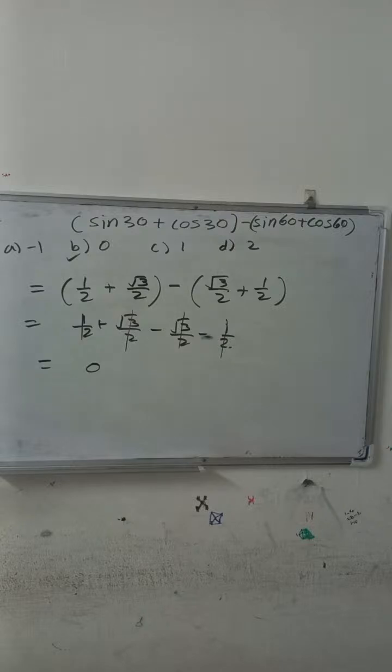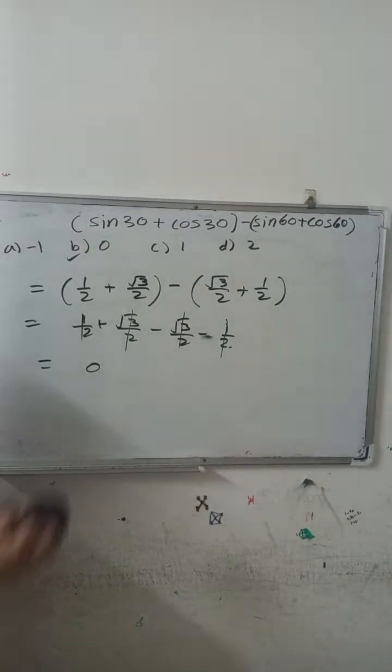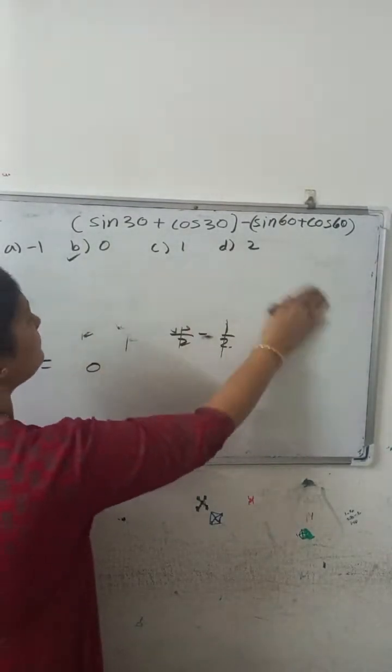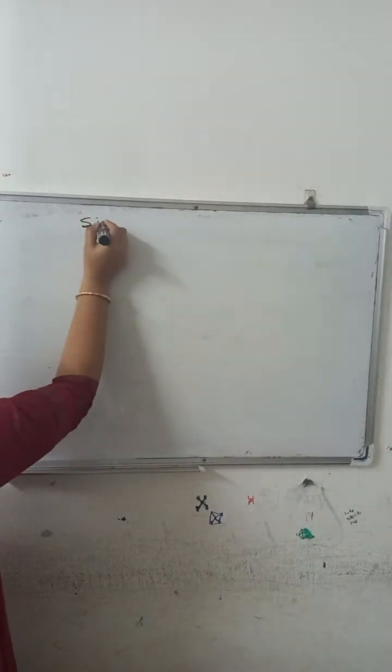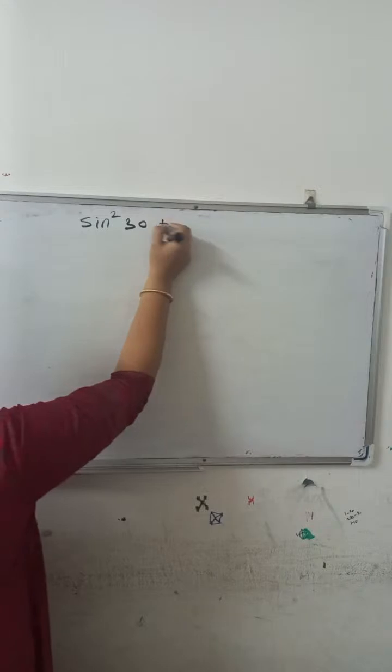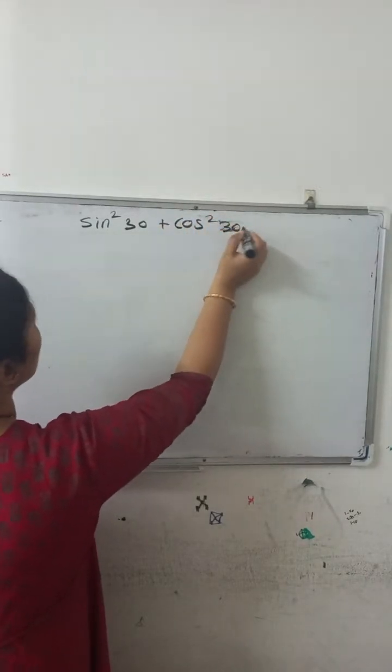The value of sin square 30 plus cos square 30 is how much?